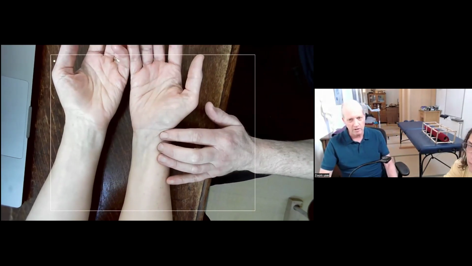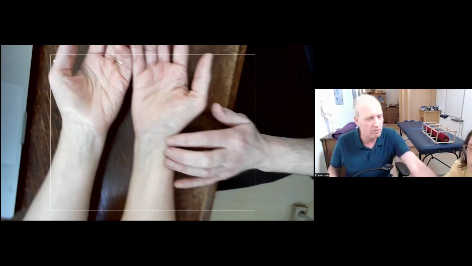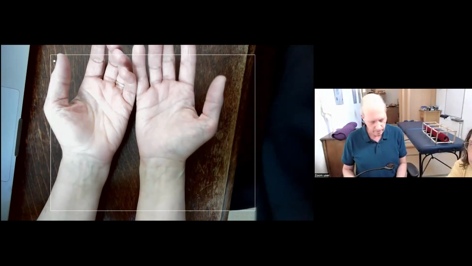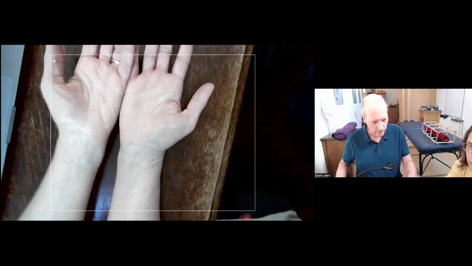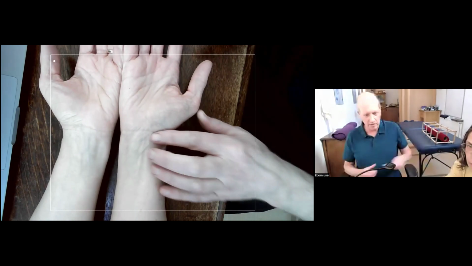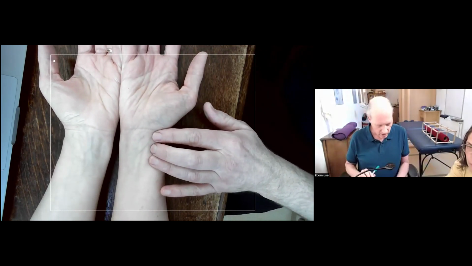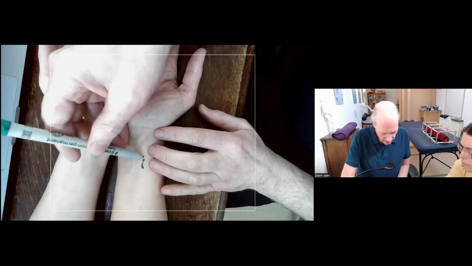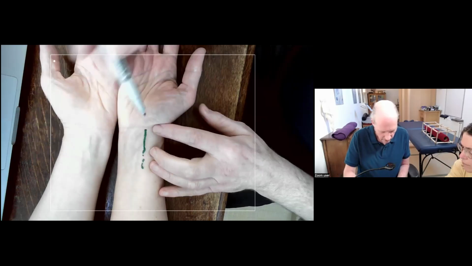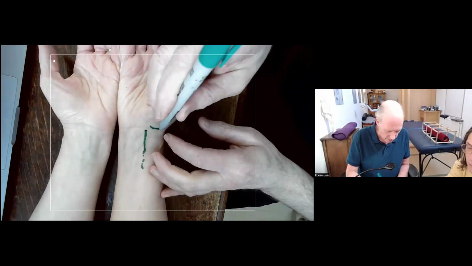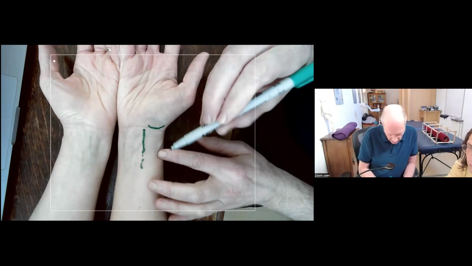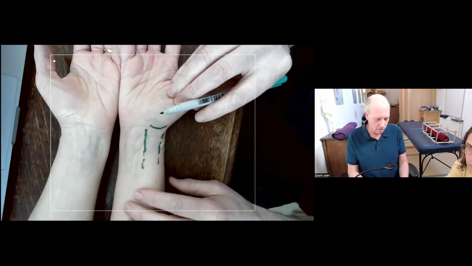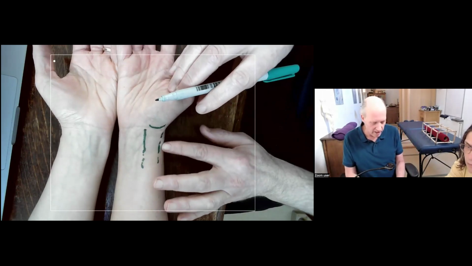Can I just draw the artery? In fact, I'll show you the other features of the anatomy, since you're here. Okay, so look, here's the tendon. Here's the top of the bone. And in here is the crest, or the edge of the radius bone.